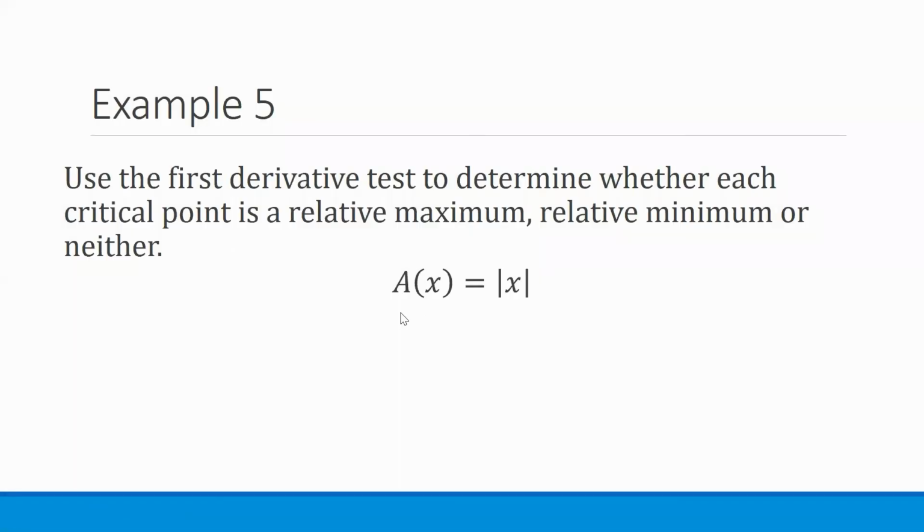We have dealt with the absolute value function a few times. In example 5, it says use the first derivative test to determine whether each critical point is a relative maximum, a relative minimum, or neither. And now we have the absolute value function. Let's start that process.